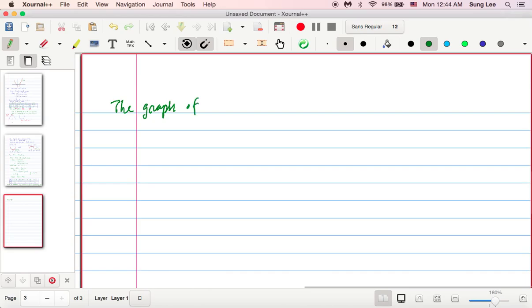So the graph of f of x is concave down on the interval negative infinity to negative 1 over square root of 3 union 1 over square root of 3 to infinity.